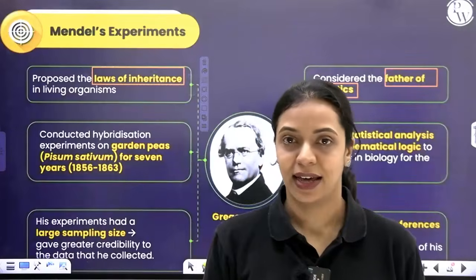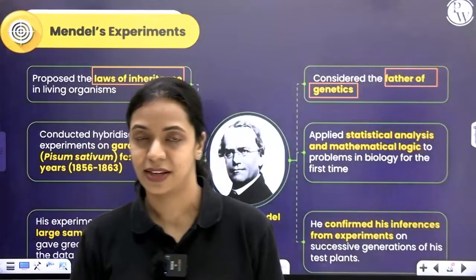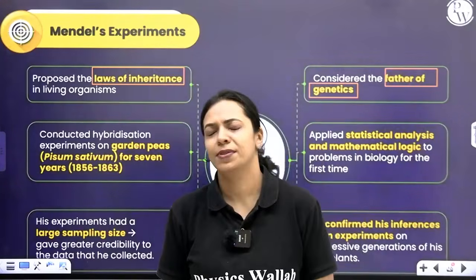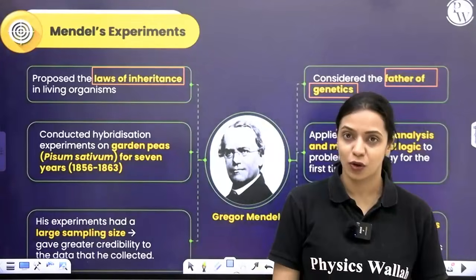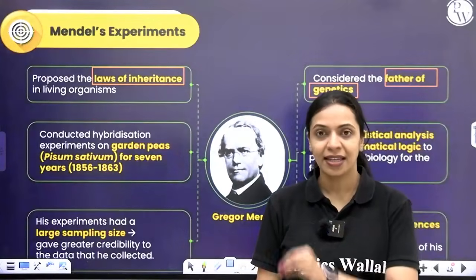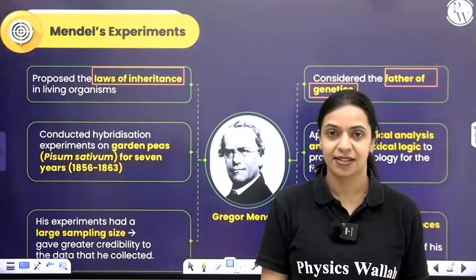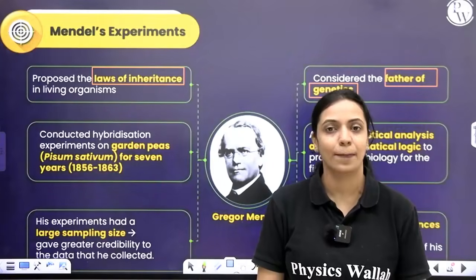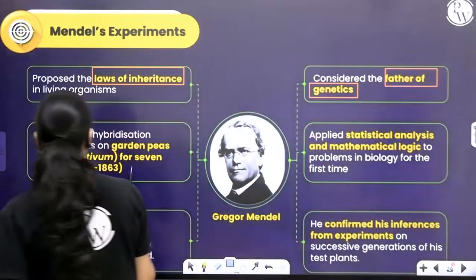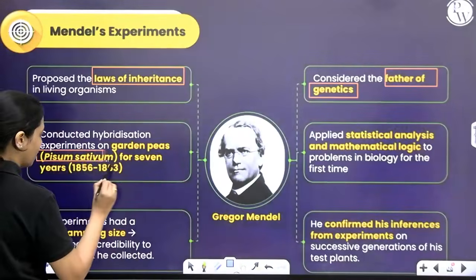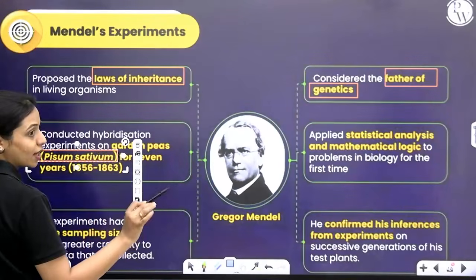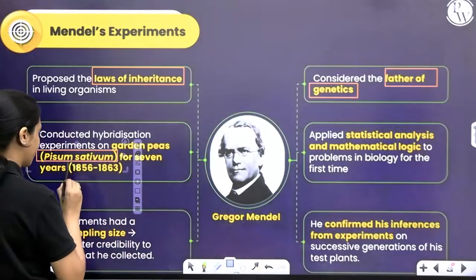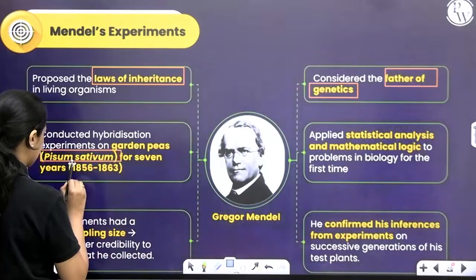He was studying inheritance. He was very curious about how characters get passed on. So he spent 7 years of his life studying inheritance in pea plants. The scientific name of pea plant is Pisum sativum. So he worked on the garden pea plant, Pisum sativum, for 7 years from the year 1856 to 1863.